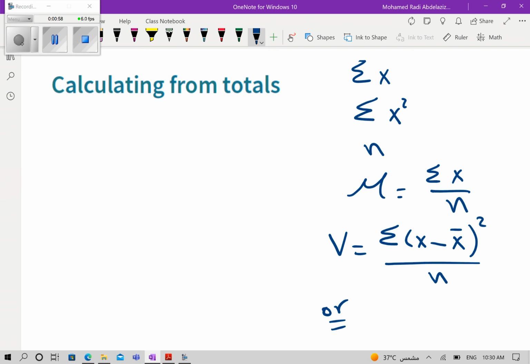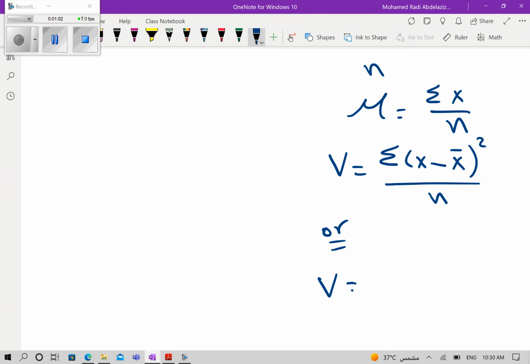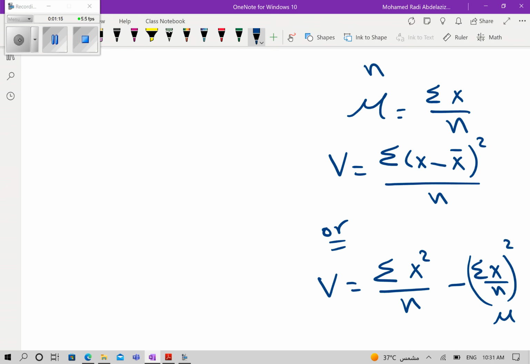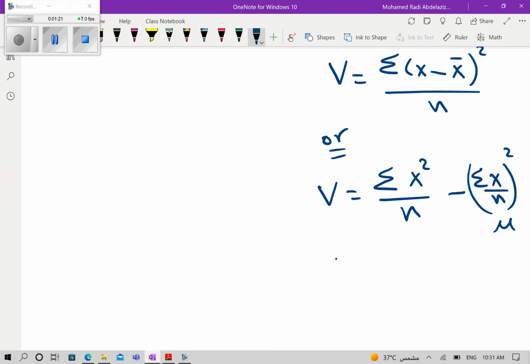Or without subtracting, you can find the variance by finding the sum of x squared directly divided by n minus sum of x over n the whole squared, which represents what? Mu squared. By taking the square root of the variance, the standard deviation is the square root of variance.